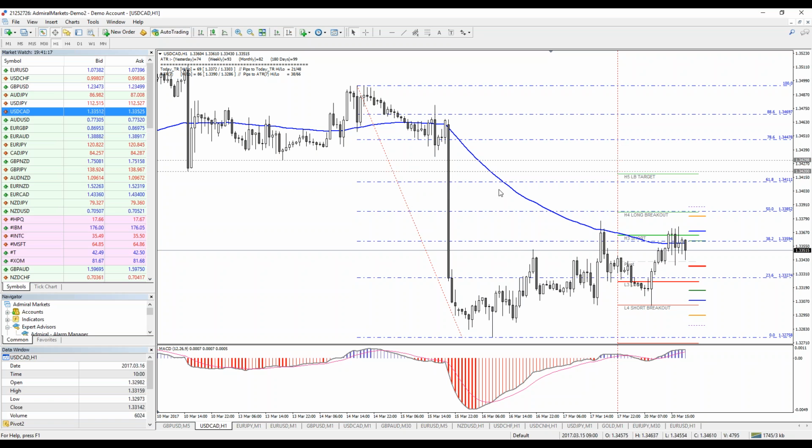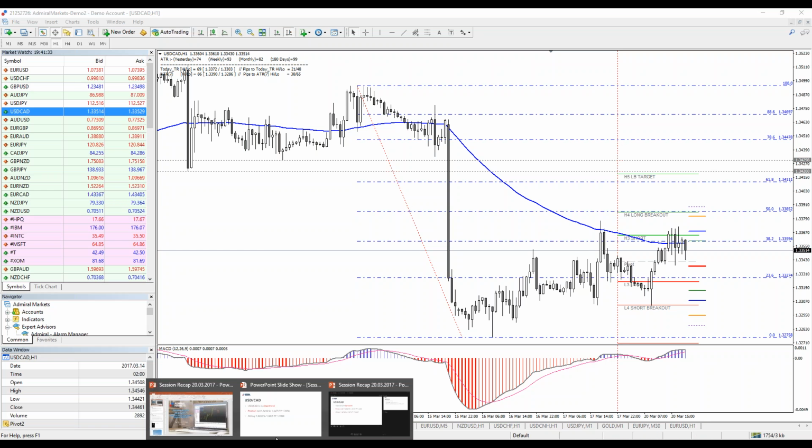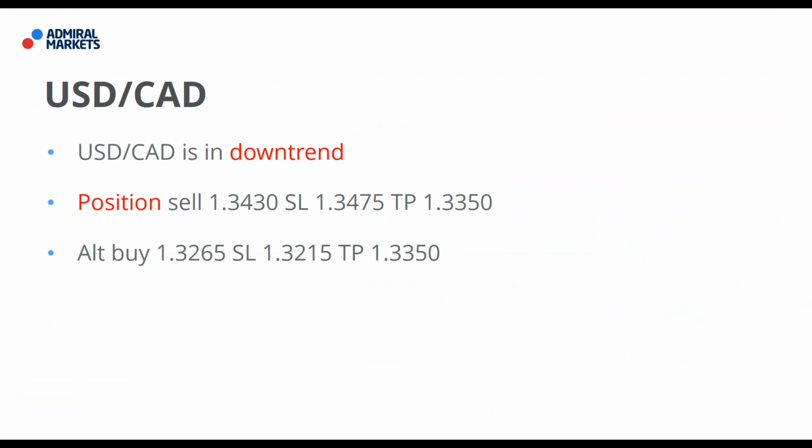Okay, and you can see here very close to 78.6 H5, breakout of order block, and if you see dollar CAD there, I will sell it. An alternative buy can kick in around 32.65.